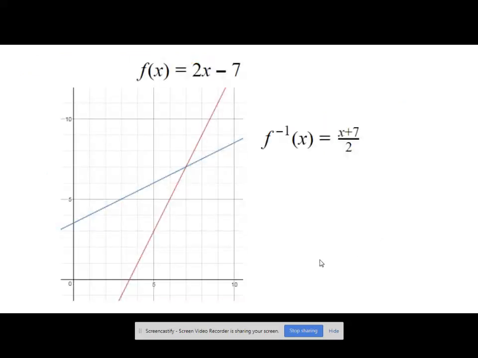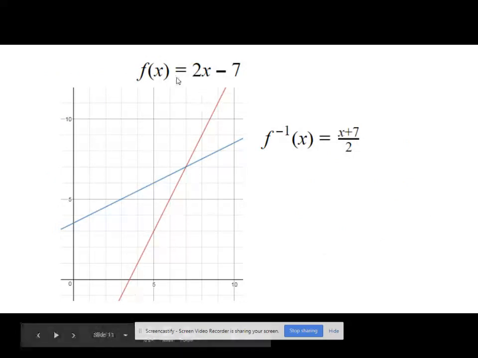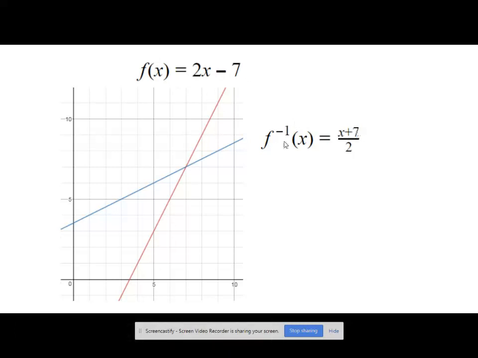Here's what it looks like graphically. The red line right here is the original function, 2x minus 7, and the new function, the inverse function, looks like this. What ends up happening with these inverse functions is there's some symmetry here.